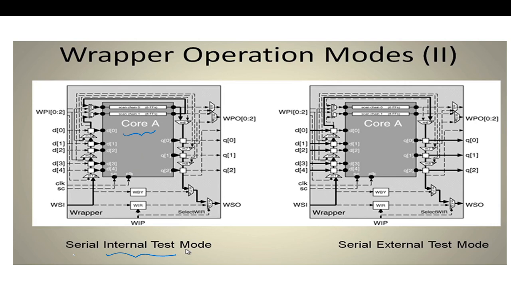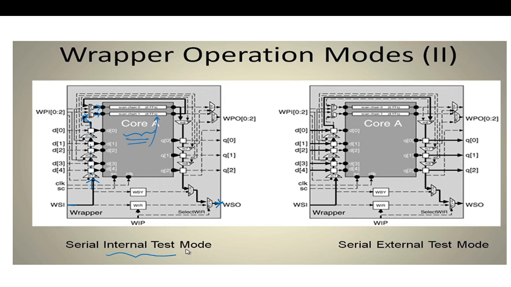It is serial, so it has to come from WSI, and output should be from the WSO. Now serially we said we can apply to all these 5 scan flip-flops, and serially from here we can apply to 2 of the scan chains. And this circuit will perform the operation.